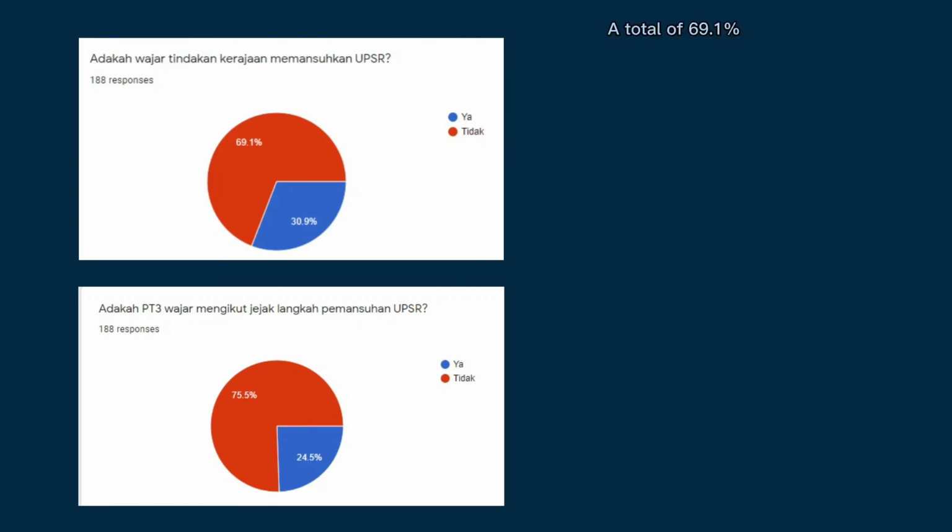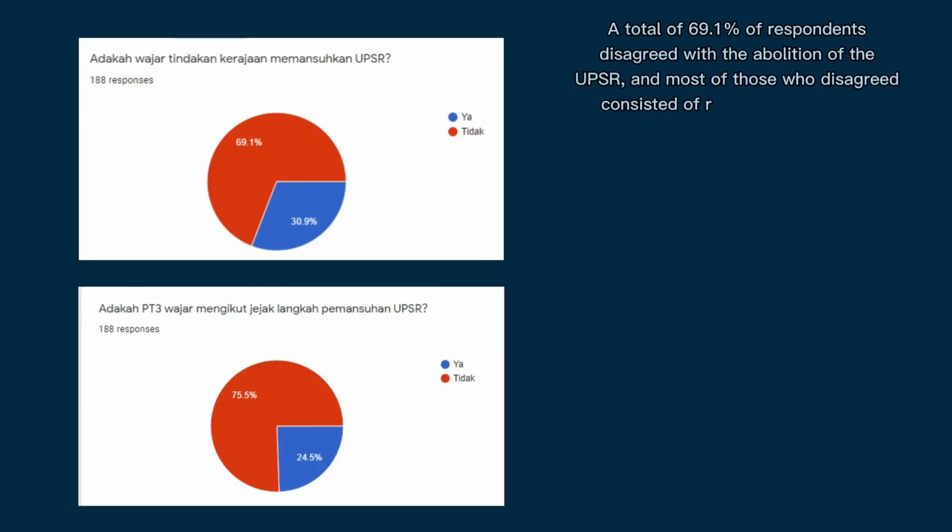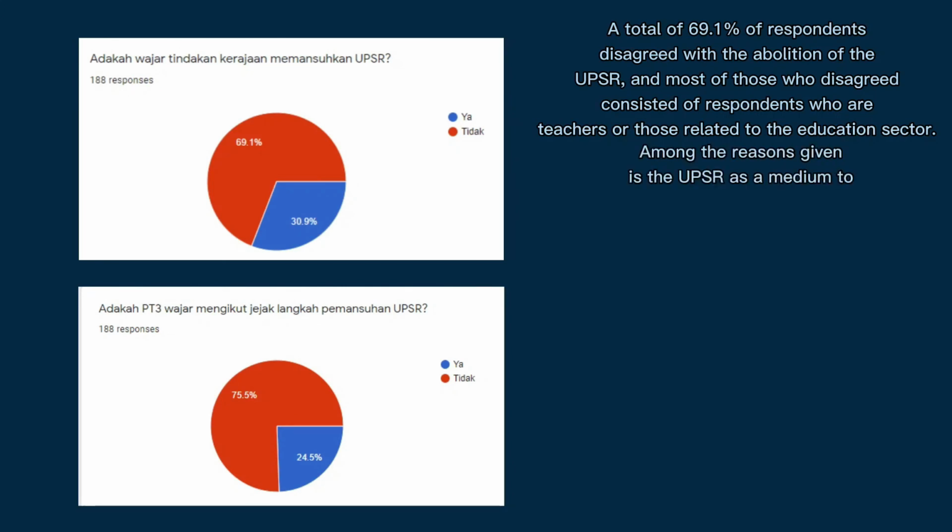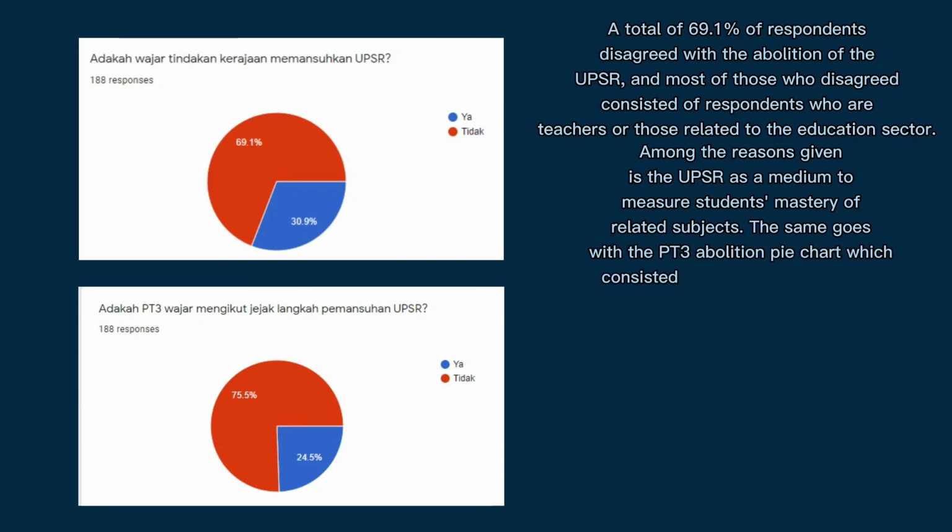A total of 69.1% of respondents disagreed with the abolition of the UPSR, and most of those who disagreed consisted of respondents who are teachers or those related to the education sector. Among the reasons given is the UPSR as a medium to measure students' mastery of related subjects. The same goes with the PT3 abolition pie chart, which consists of 75.5% of respondents who disagreed with it, and most of them gave the same reason.